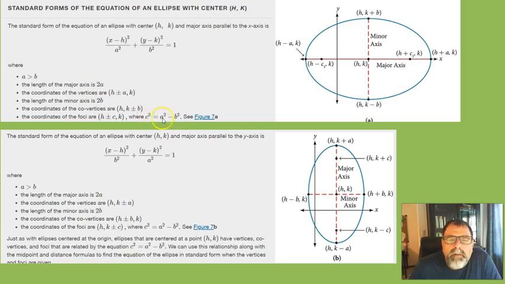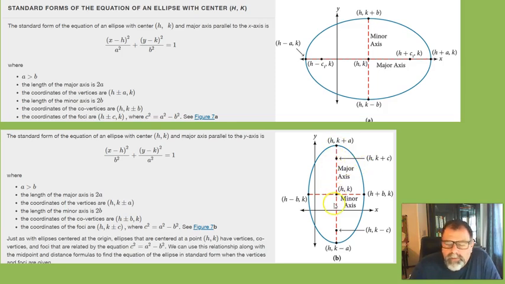So c squared equals a squared minus b squared. And then again, just do the appropriate changes for the vertical one. So the major axis is vertical, so you're going to add and subtract a to the y coordinate on the vertical one, and add and subtract b to the x coordinate. Okay? So you make the same changes. And then, of course, the foci, since this is a vertical.